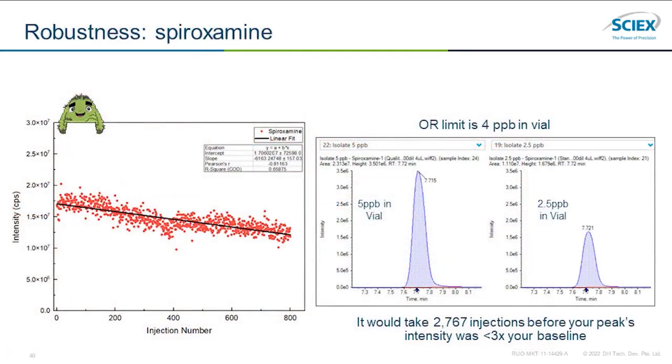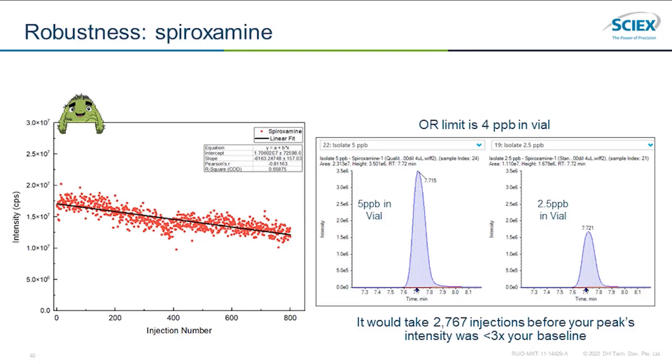So if we take a look at our compound, this is the same figure as before, except now we're plotting just the intensity. And we fit a linear regression to that decline that we were seeing before. So we see this nice linear regression, the nice Pearsons are just slowly declining over time.